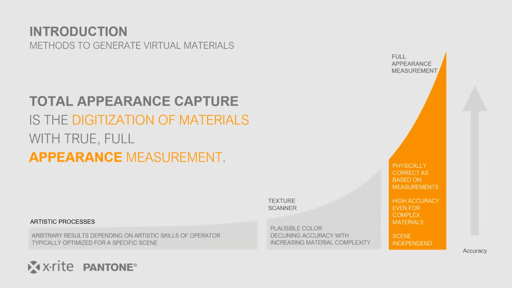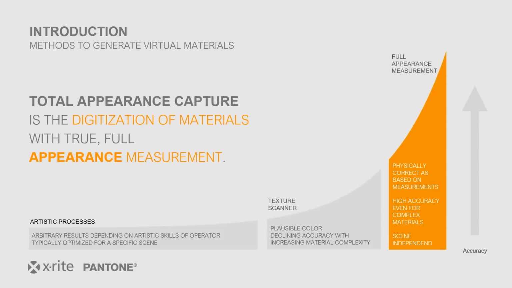To get into some meat here, what we're talking about is digitization of materials. We want to provide a digital twin, a material that is measured and then reproduced faithfully inside of a rendering application. Many of you are skilled at making materials through an artistic process, and may have even used a scanner or a photograph and taken that data into your material generation process.